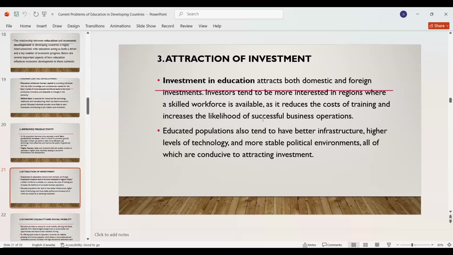Some banks are starting from the beginning itself. If a child is born, they are requesting to start the savings. And we are also introducing a till for our children. We are asking them to save money. So that is the basic of attraction of investment.